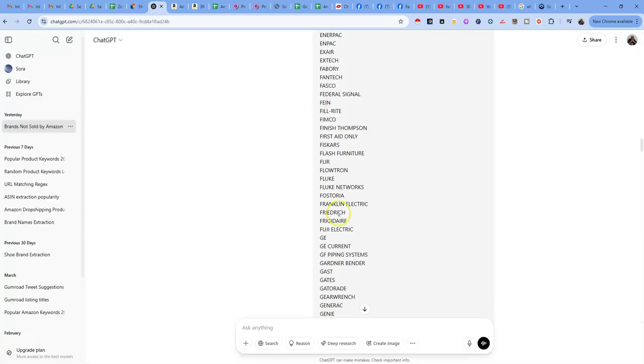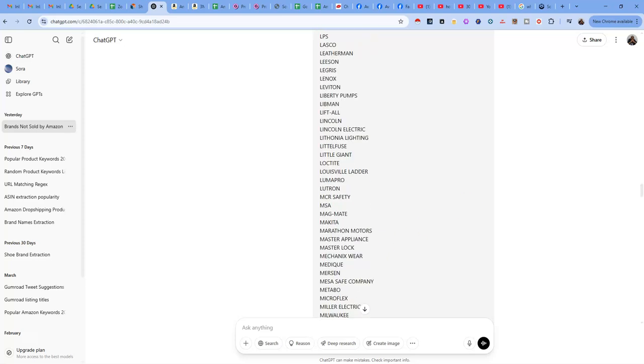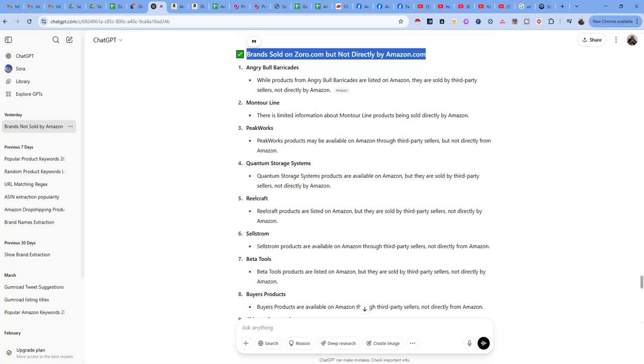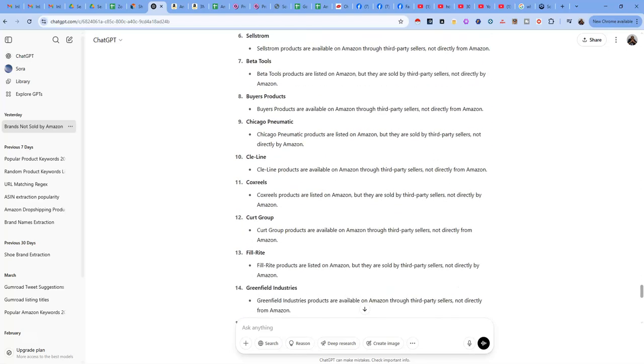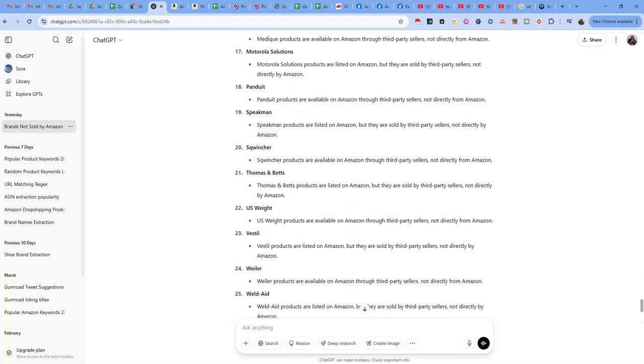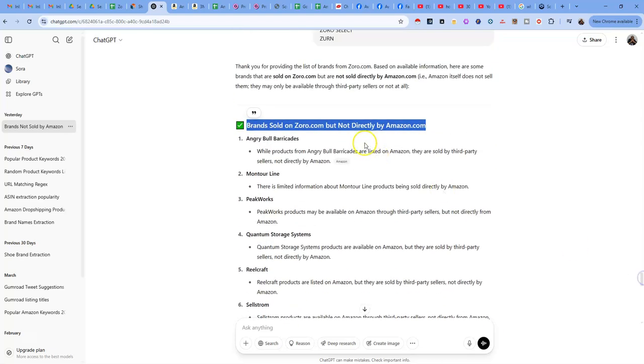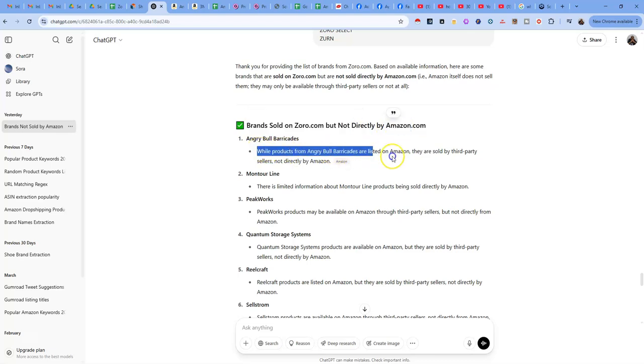By having that list, I'm able to drop it into ChatGPT, and it's able to do the analysis. This is really amazing, because instead of painstakingly going through listings, now I know that these 25 brands it has listed out are not sold by Amazon.com, but rather by third-party sellers.